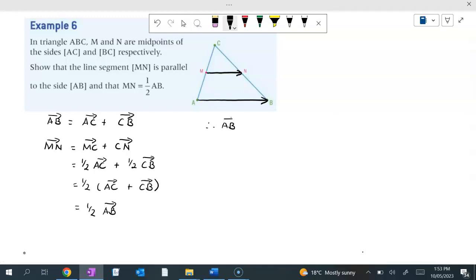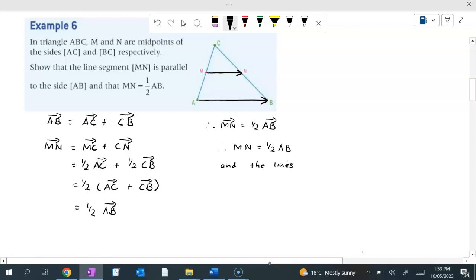That's with the vectors. Therefore, the line MN must be equal to a half AB in terms of its length, and the lines are parallel. So when I write one vector as another vector times by a particular number, then those two vectors are parallel. So these are parallel, and one is half the length of the other.